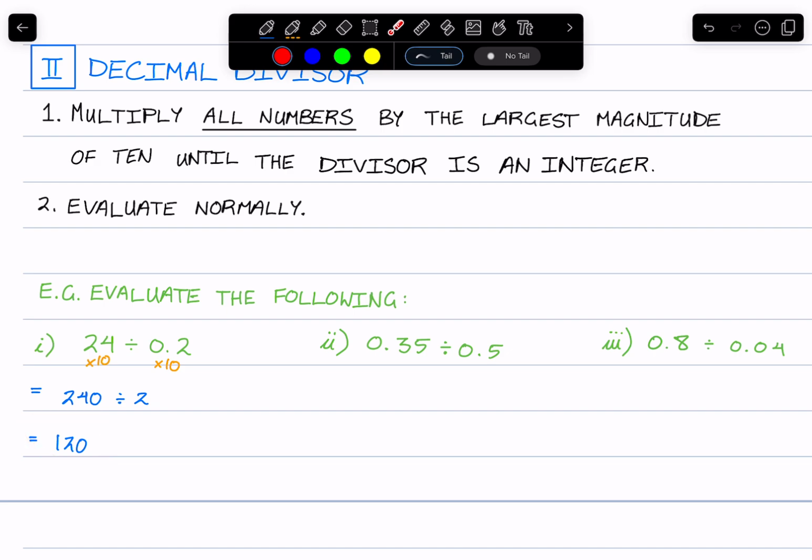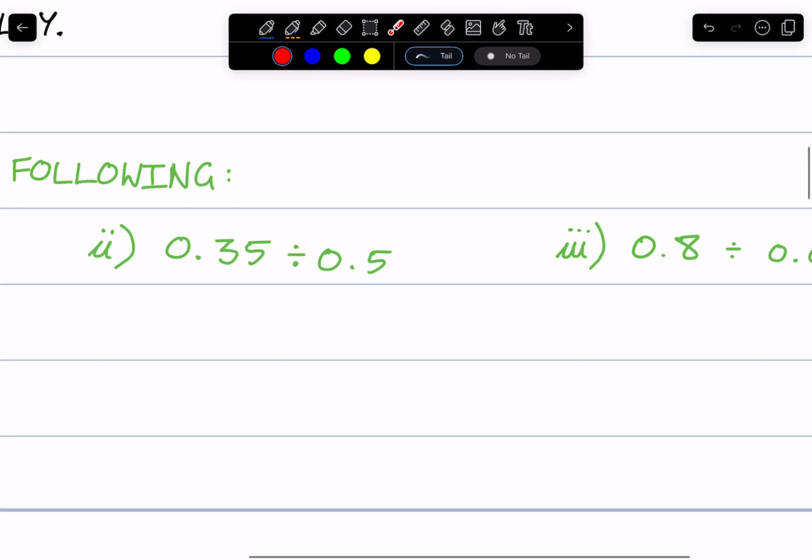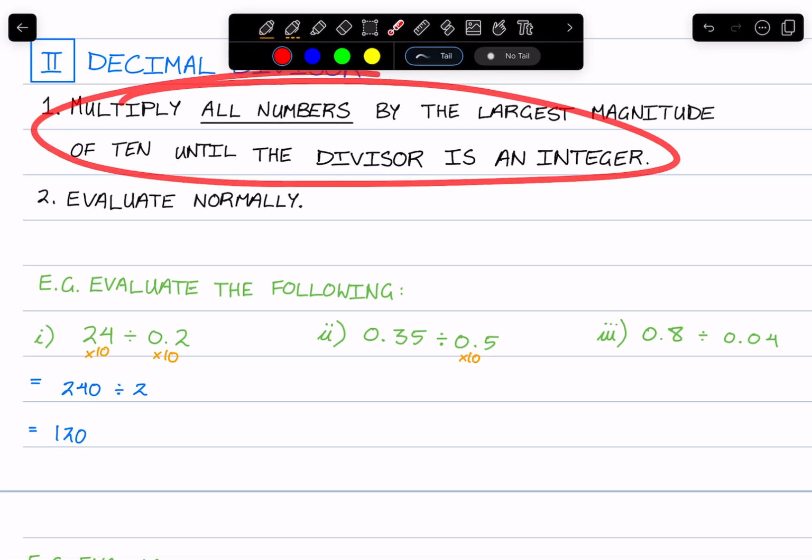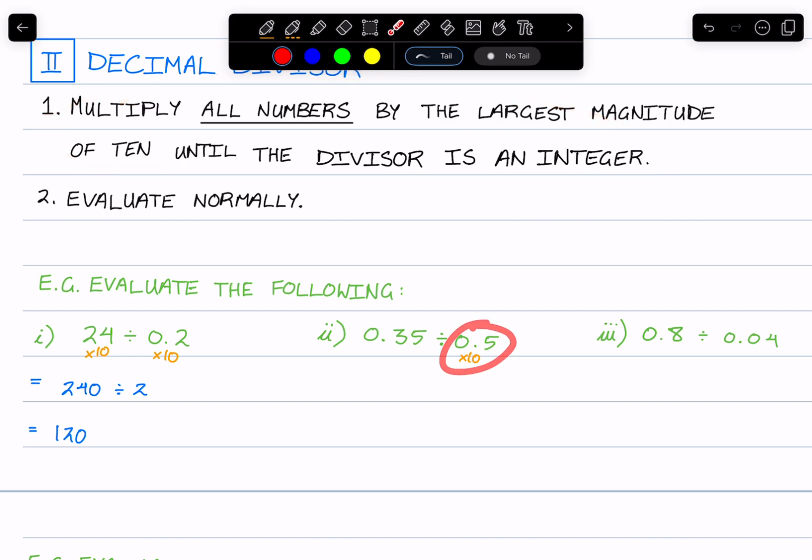So let's demonstrate again for the second one. We want to make this into a whole number, so we need to multiply this by 10. But since, by this method, we're multiplying this by 10 so that it becomes a whole number, we multiply all the numbers by the same number there.